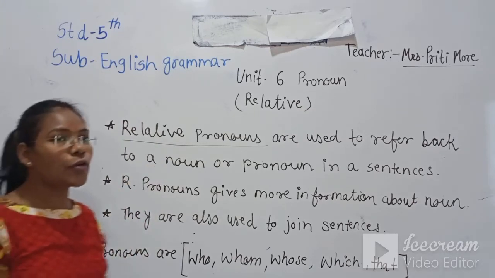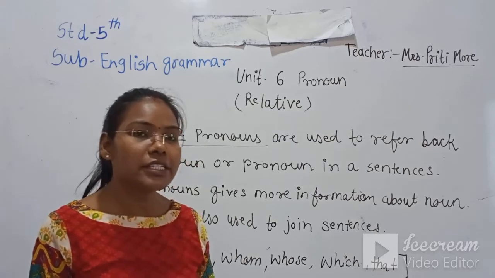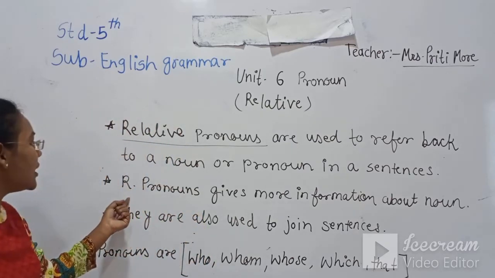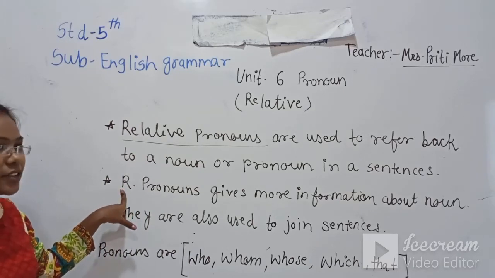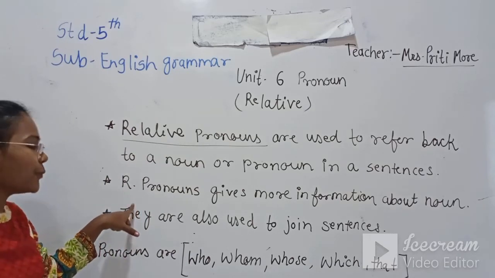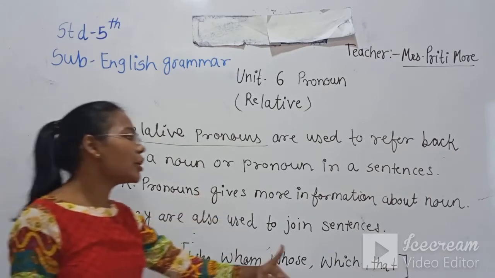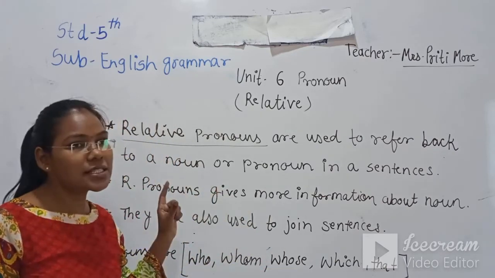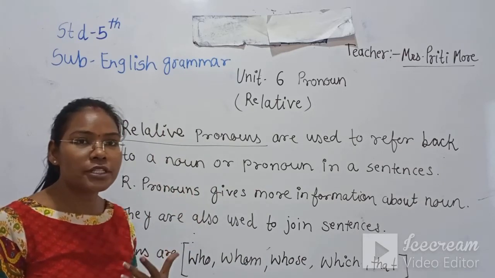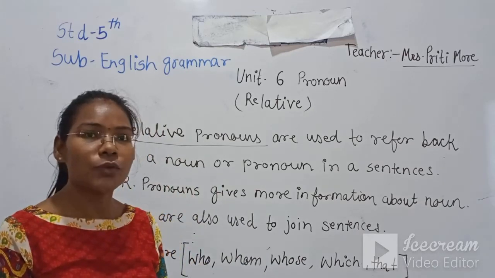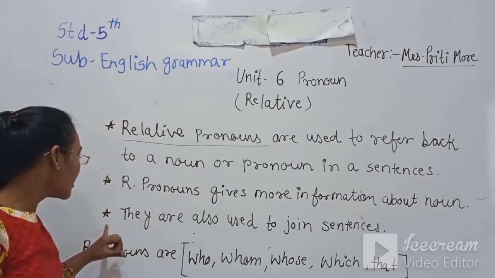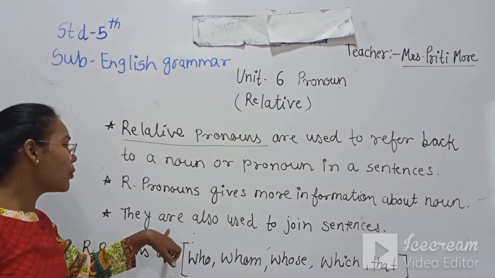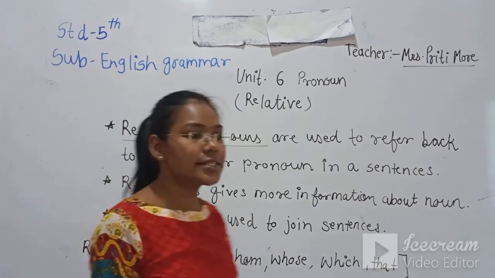And relative pronouns also give us more information about the noun or pronoun. That means the relative pronoun, this R dot I have written, that means relative. Relative pronouns give us more information about the noun. That means this relative pronoun also helps us to get more information about the noun. Now here, relative pronouns are used to join sentences.